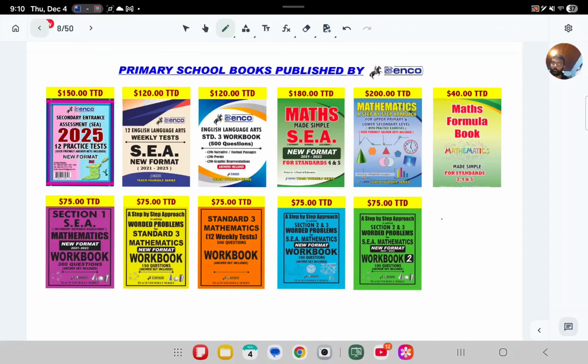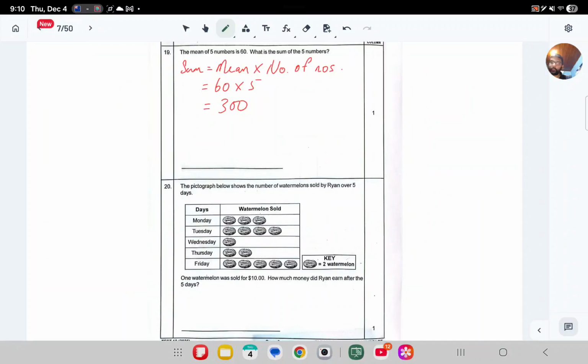And number 20, the pictograph below shows the number of watermelons sold by Ryan over 5 days. One watermelon was sold for $10. How much money did Ryan earn after the 5 days? First, we need to calculate the total number of watermelons he sold.